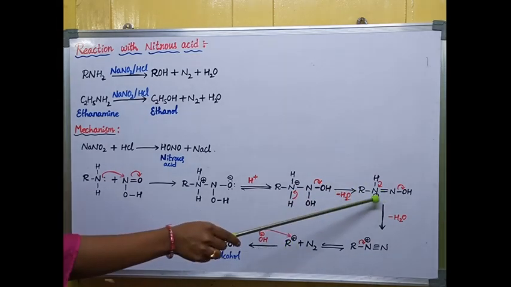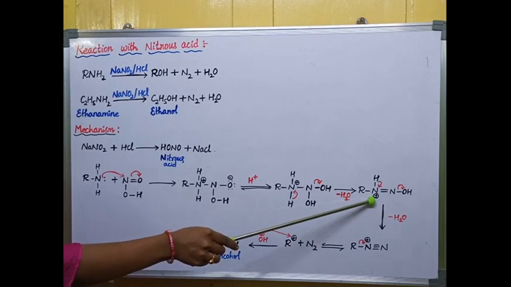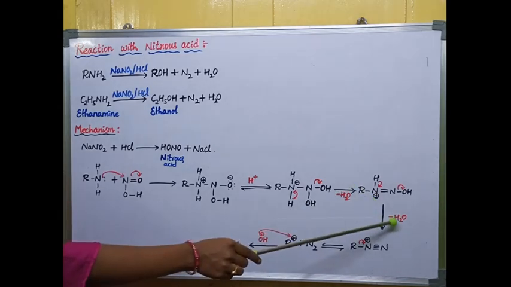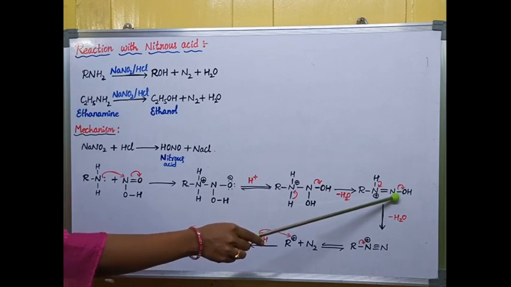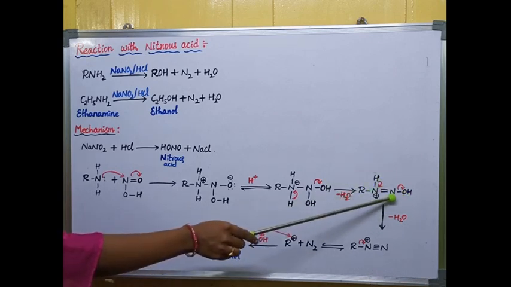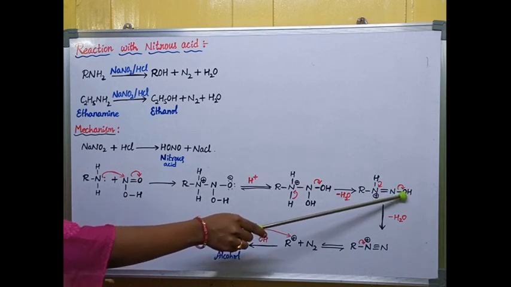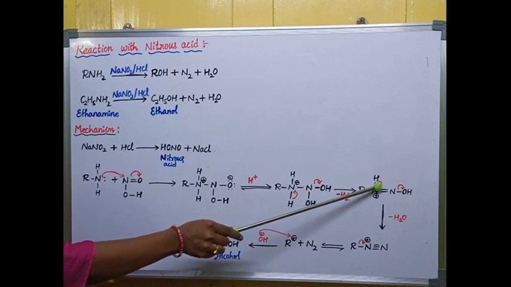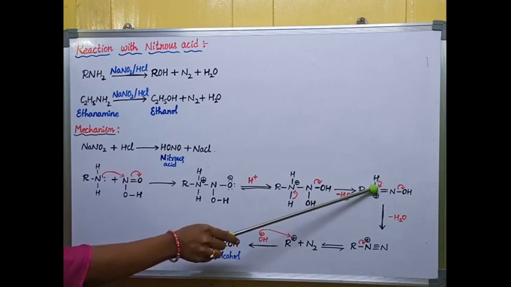Next, we still have a positive charge on this nitrogen. Again I'll remove one more water molecule, OH ion from this side, H ion from this side. So what will happen again when we shift this bond, OH gets a negative charge and H gets a positive charge. When we shift this bond towards nitrogen, nitrogen gets a negative charge.